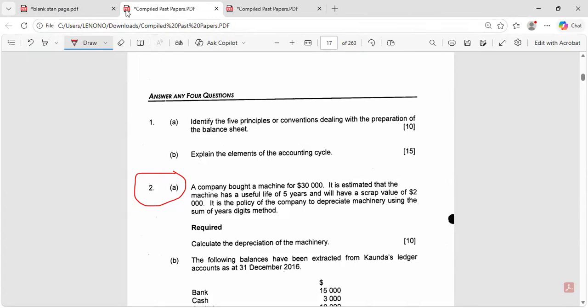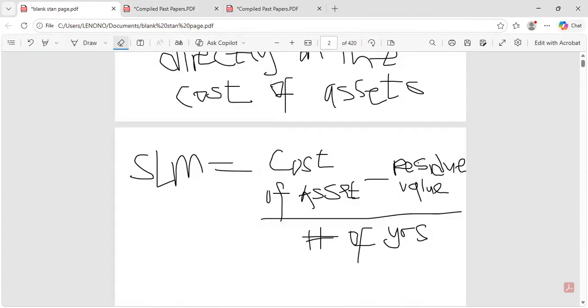The cost would be 30,000. So what would be the answer using the straight line? 5,600. Let's confirm.